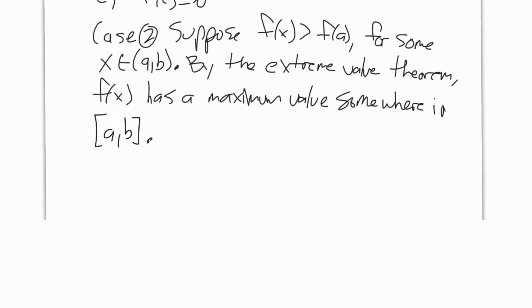Now, we know that the interval a to b has endpoints that are equal, because that's part of the assumption.